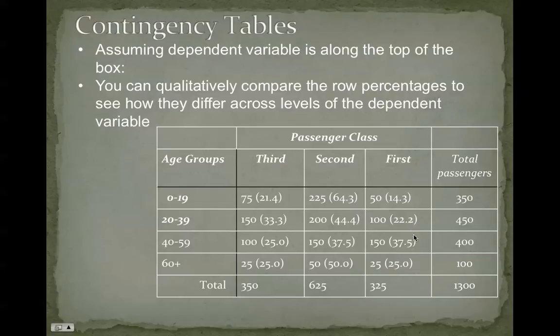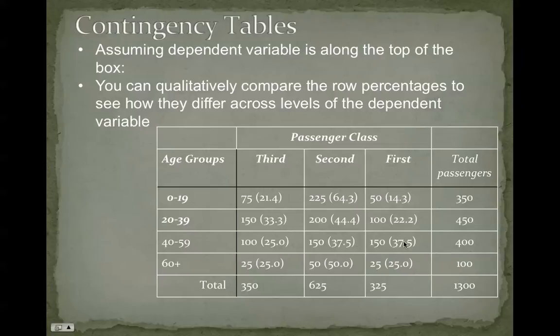But we see that that's not the case. Only 14% of those in the 0 to 19 were in the first class, and only 25% in the 60 or over were in the first class, whereas 37.5% of the 40 to 59 were found in the first class.